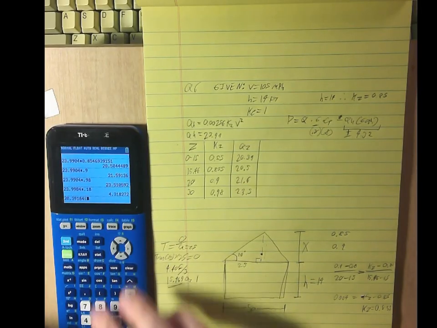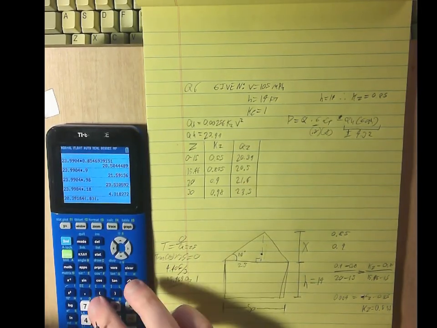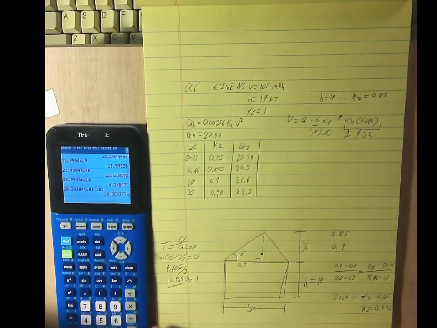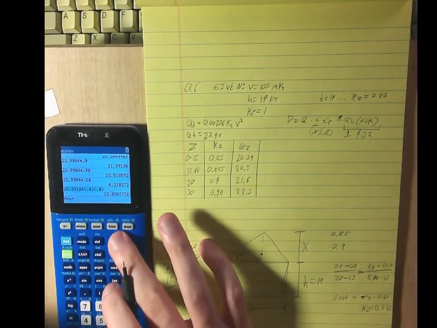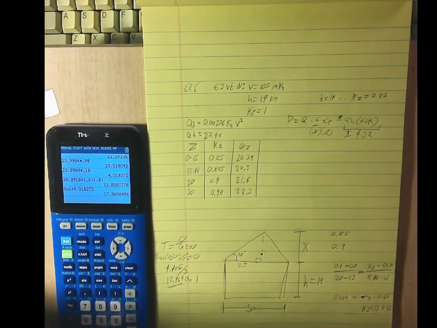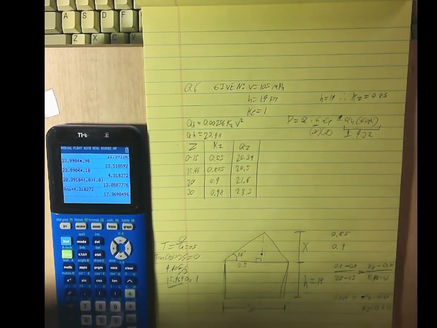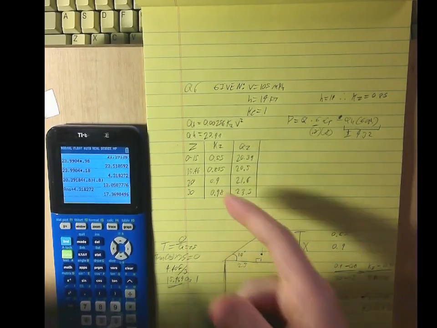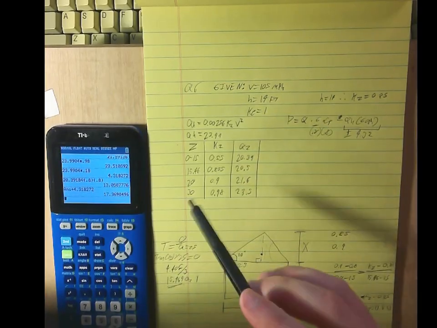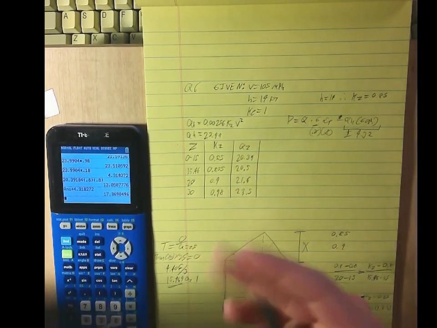Yep. Times 0.8 times 0.8. And now let's add 4.3. No, something's wrong. What's wrong here? Oh, they probably want us to use this one.